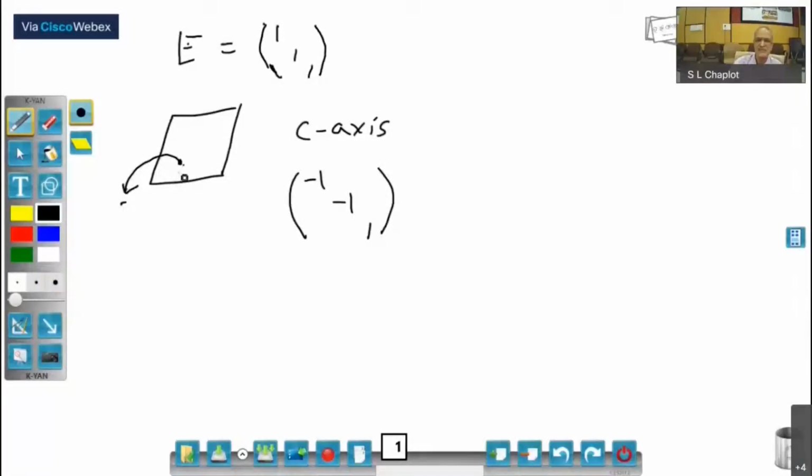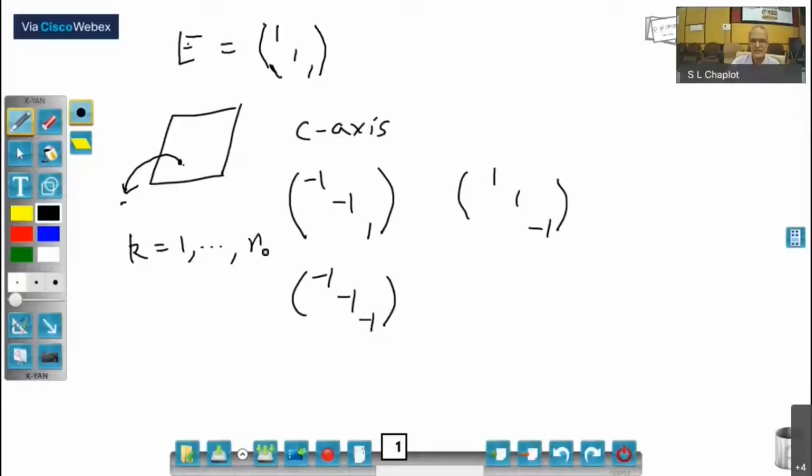Similarly, of course, in this case you also have things like inversion, and the product of these two operations would be a mirror, and so on. The idea is that we have various point group operations inside a unit cell, and the phonon eigenvectors of various atoms, so if there are a number of atoms in the crystal, k equal to 1 to n, let's say there are 4 atoms.